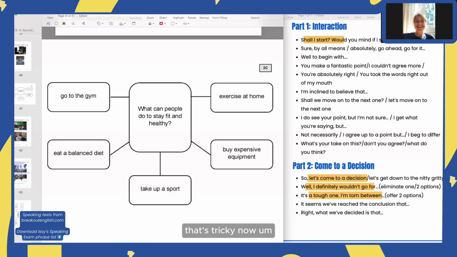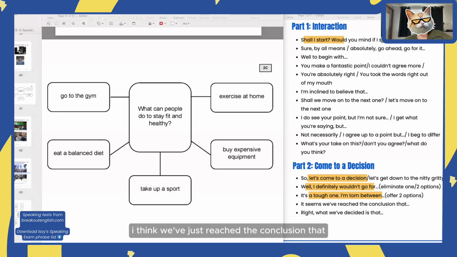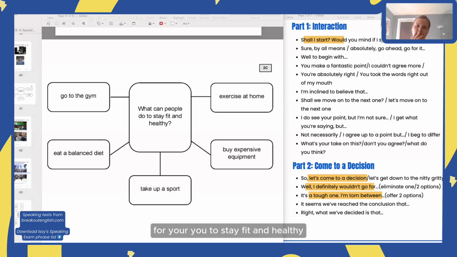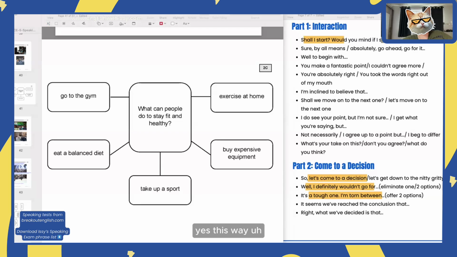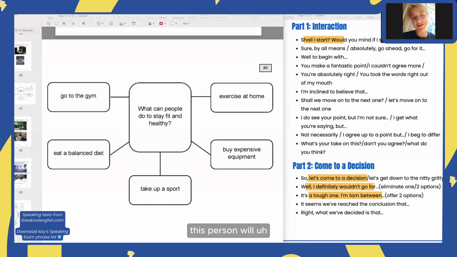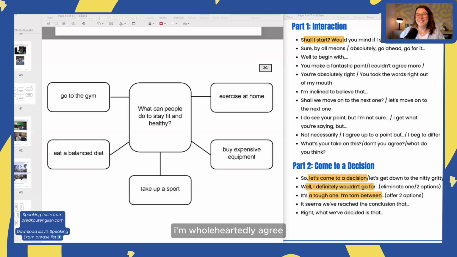I think we've just reached the conclusion that the balanced diet and exercising at home is the best you can do to stay fit and healthy. Yes, this way, this person will stay fit as a fiddle for sure. I wholeheartedly agree.